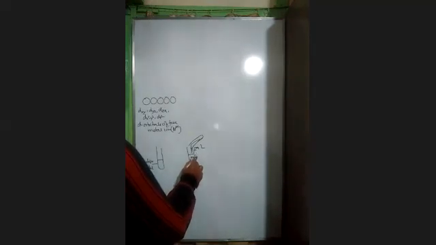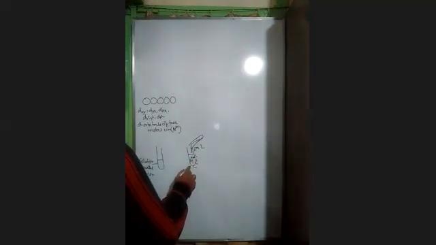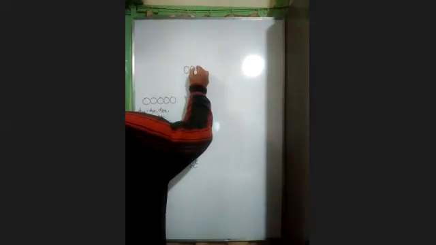All the ligands will now surround this metal from all sides. In that case, what will happen? The energies of all the orbitals will increase, because they do not know which side the ligand is going to come from.